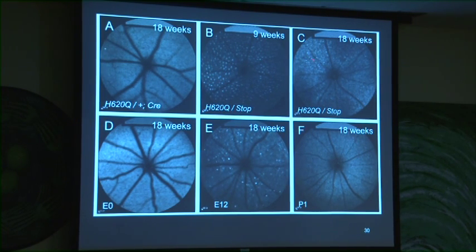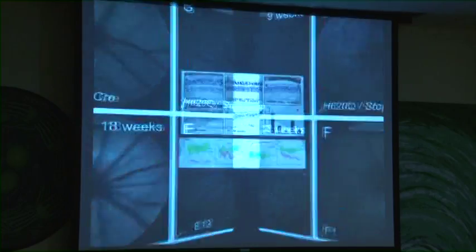You can see that the vessels become attenuated and you start getting spots. If you treat early, you rescue the majority of the rods, and you can get pretty much normal compared to control. If you start treating at a later stage, when you do not rescue more than half of the rods, the treatment is not as efficacious, only slightly better than the negative control.